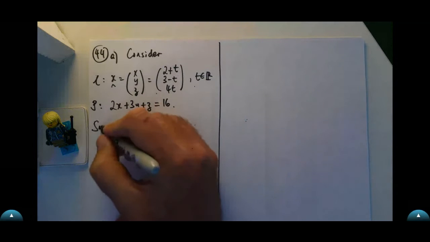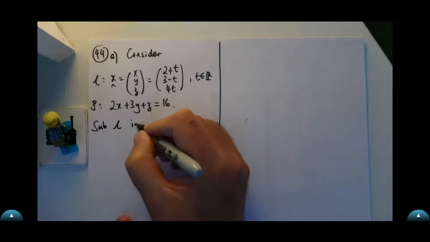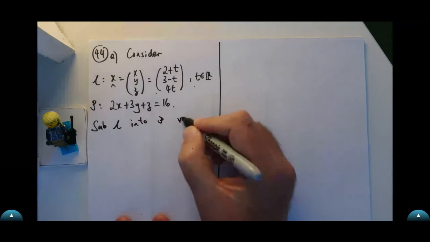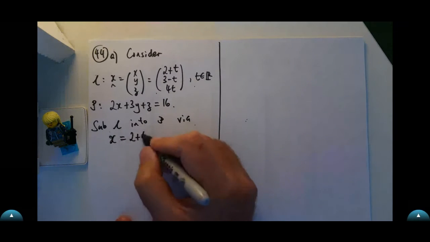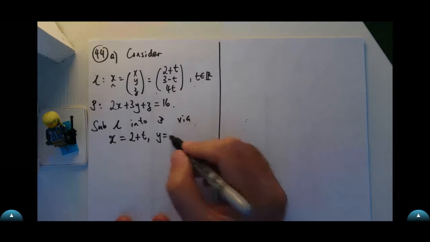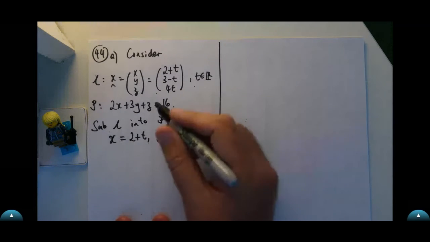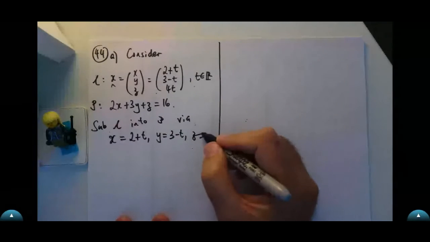So sub L into P. This is very similar to what we did before. That's a Z, believe it or not.